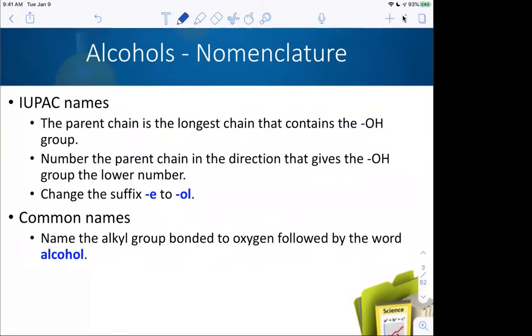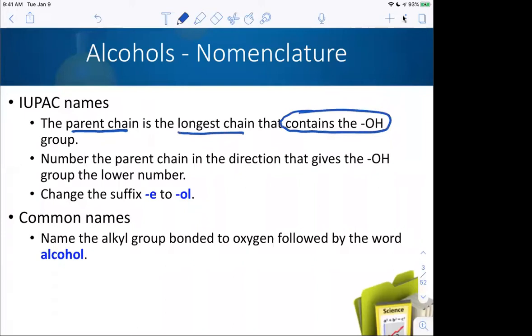All right, so let's start with the nomenclature of alcohols. Again, we're going to take everything that we've learned before and we're going to expand upon that. So as usual, the parent chain is going to be the longest chain that contains the OH group.